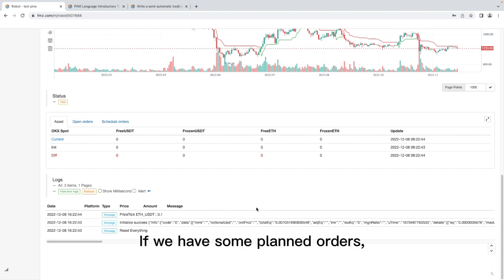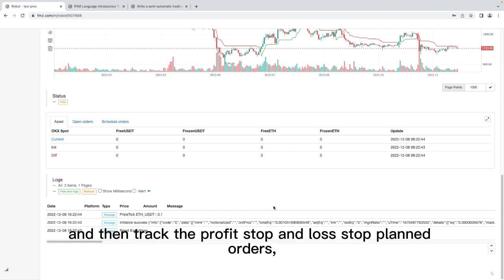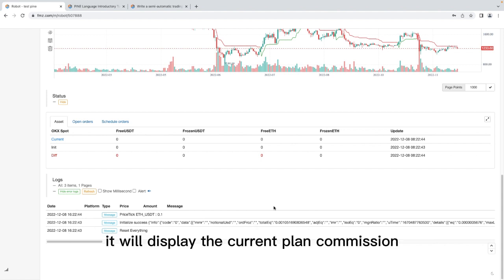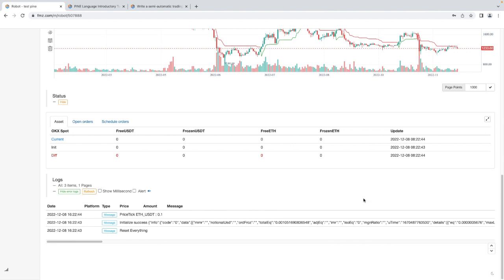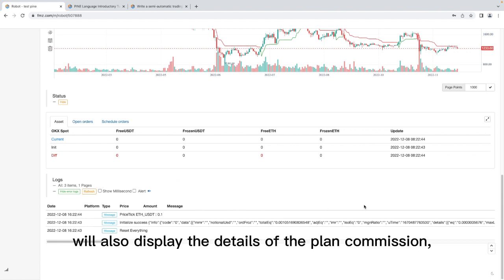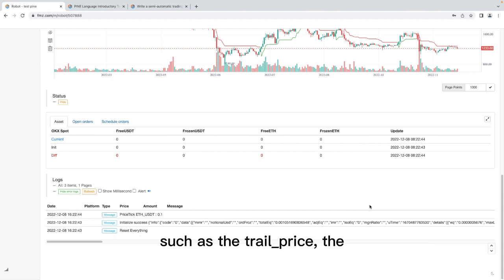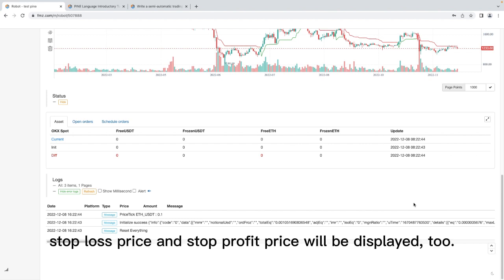If we have some planned orders, such as the entry triggered by the super trend strategy, and then track profit stop and loss stop planned orders, it will display the current plan commission in the planned order. The plan commission will also display details such as the trail price, the trail offset we set, stop loss price, and stop profit price.